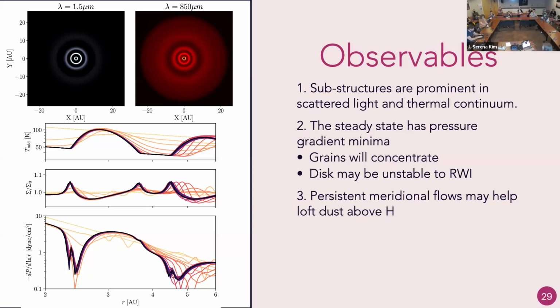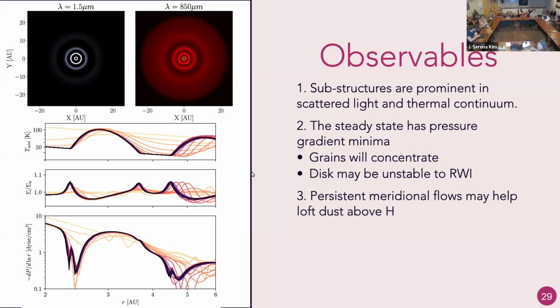So that's fun. Another great thing about this is that the steady state exhibits this local pressure gradient minimum, here and here, just internal to the thermal peak. So you can see the thermal peak there, and there's a local pressure gradient minimum. And while this won't completely stop the migration of dust, it will slow it significantly.